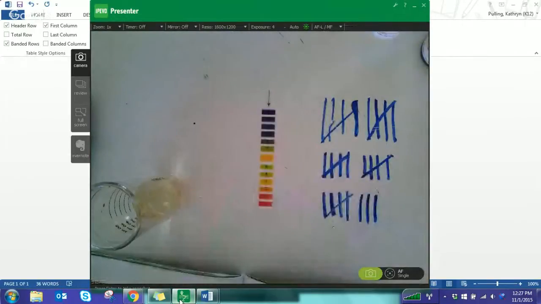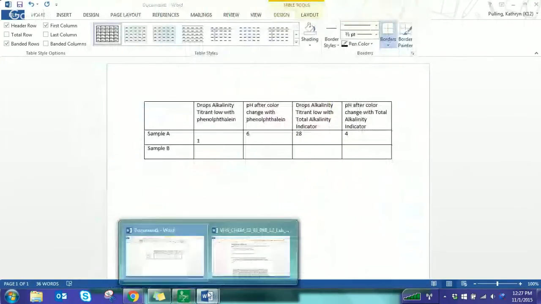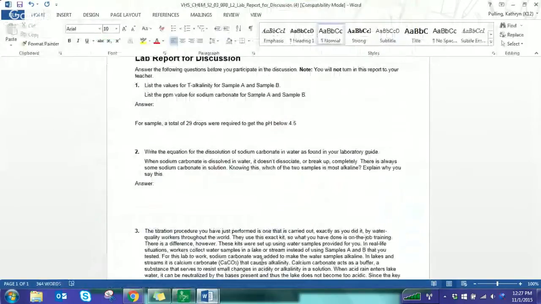So what that means for sample A, if each drop is 10 parts per million, in total in our sample, we should have 29 times 10, 290 ppm of sodium carbonate.